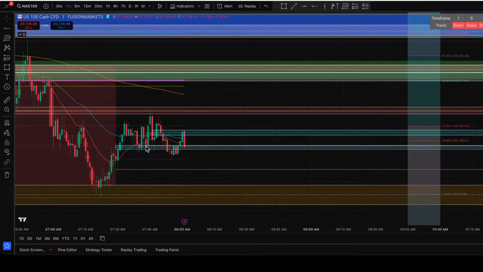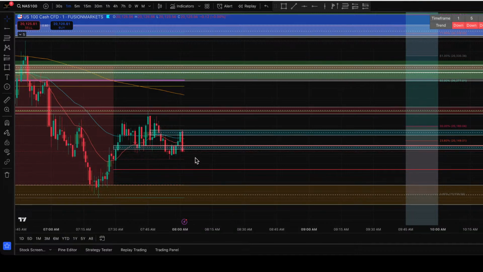I could tell right from the morning session that it was going to be this kind of a day. No real definitive entries, a lot of back and forth. There you go. I want to see a candle take out this low and then just drop.